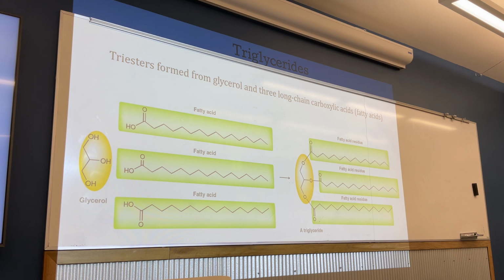And it turns out that triglycerides can make more ATP. Okay? So pound for pound, I guess I should say gram for gram. In a chemistry class, we should use imperial system. Gram for gram, you get about 3 times as much ATP.